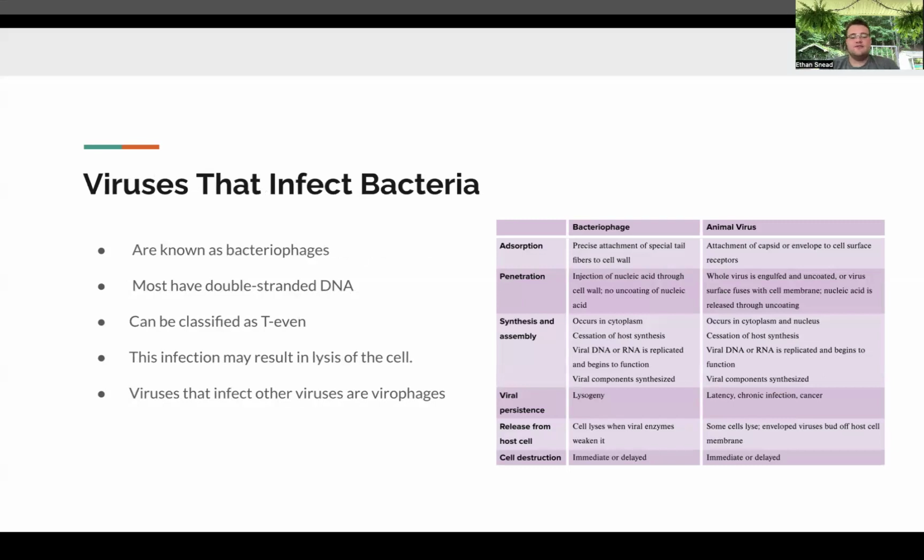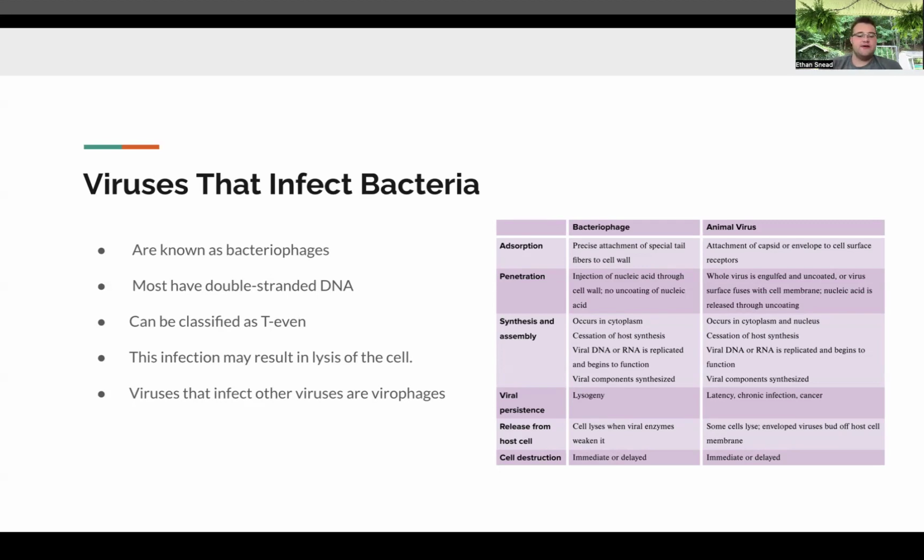These can be classified as T-even, and T-even bacteriophages go through similar stages of animal viruses when they absorb to hosts, and they use specific receptors that are on the bacterial cell to attach. The most common types of T-evens are T2 and T4.